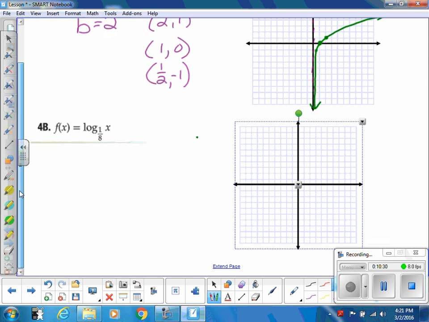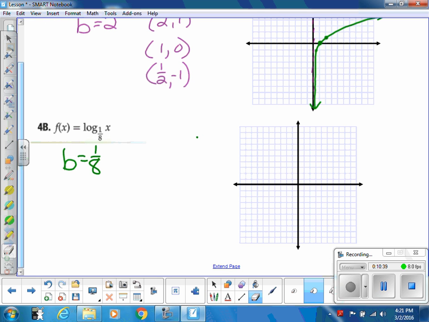Alright? Same rule applies again if b is between 0 and 1. Here my base is 1/8. This is log base 1/8 of x. So, I still have my vertical asymptote at 0. So I need to find my 3 points. 1, 0 is my intercept. Again, b, 1, that gives me 1/8, 1.